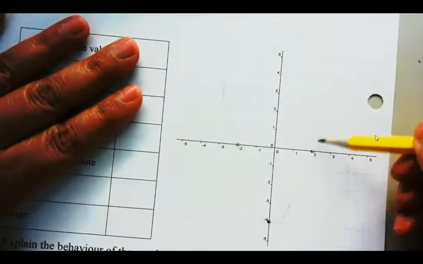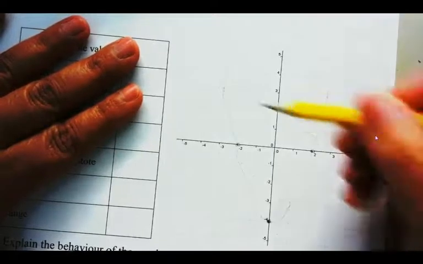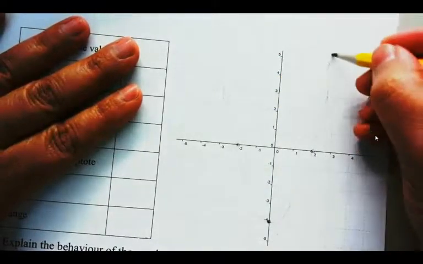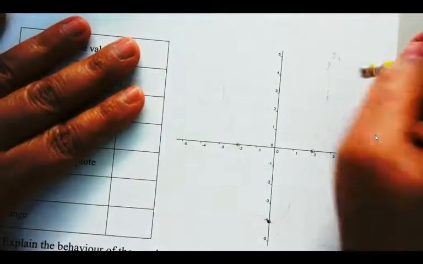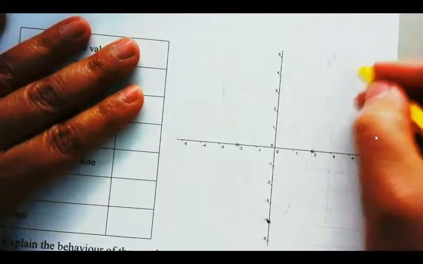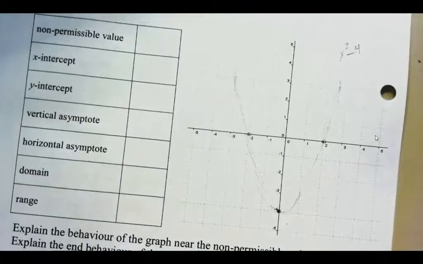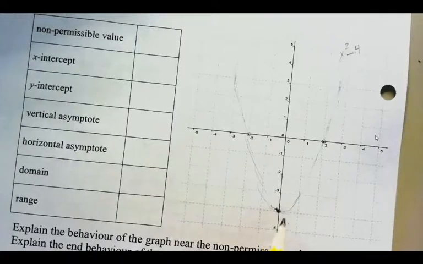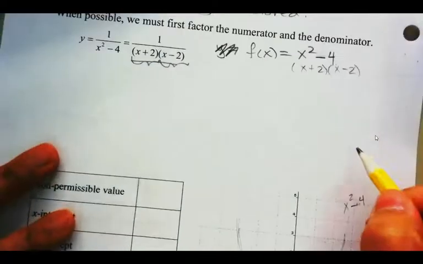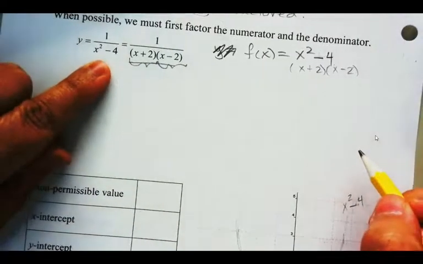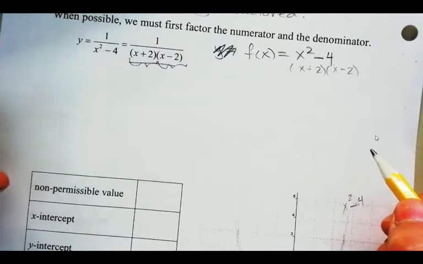This is a very rough sketch of x squared minus 4. Now, in grade 11, in Pre-Cal 30S, how did we use this graph to create the sketch of 1 over x squared minus 4?